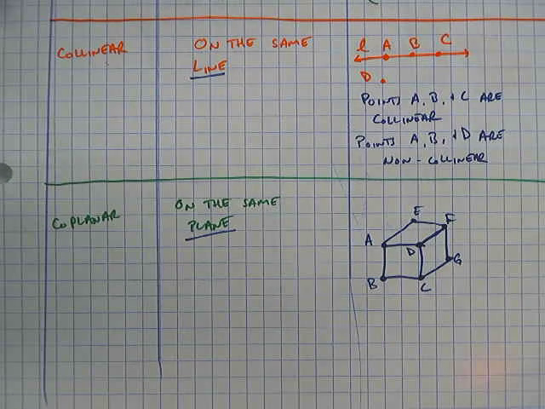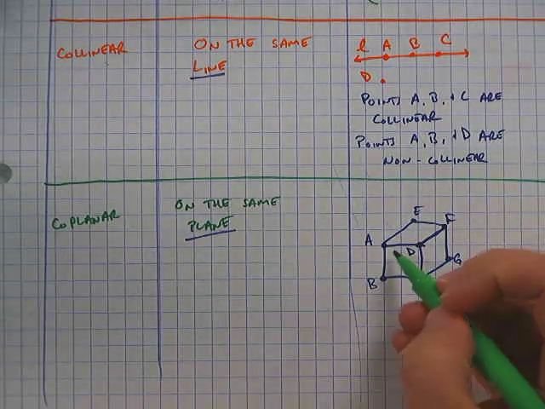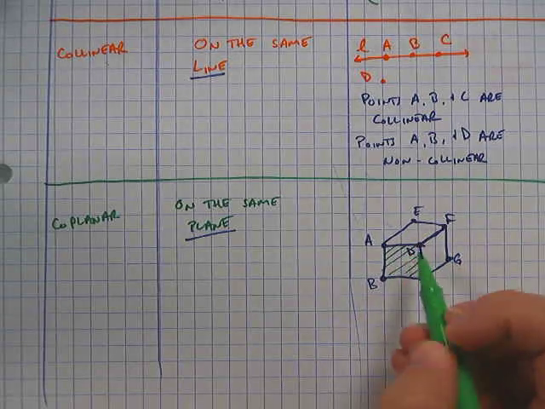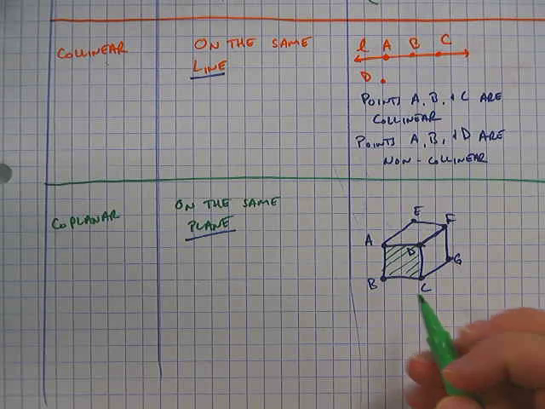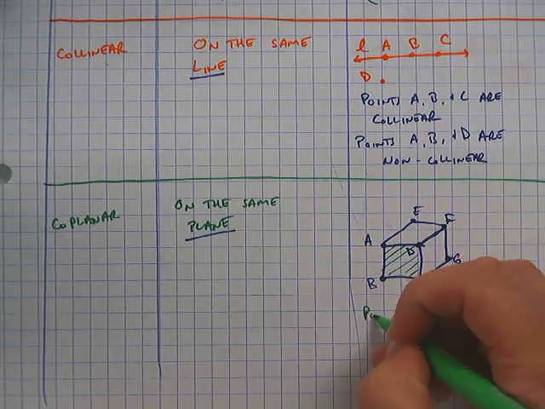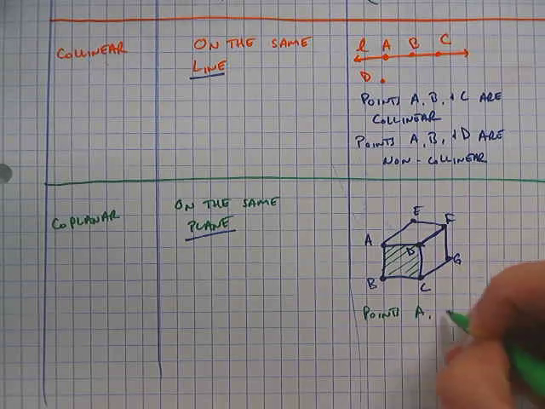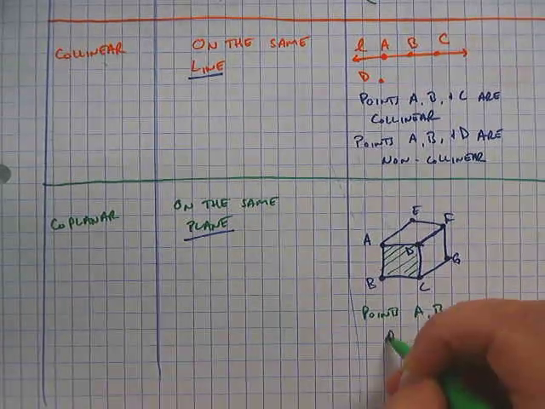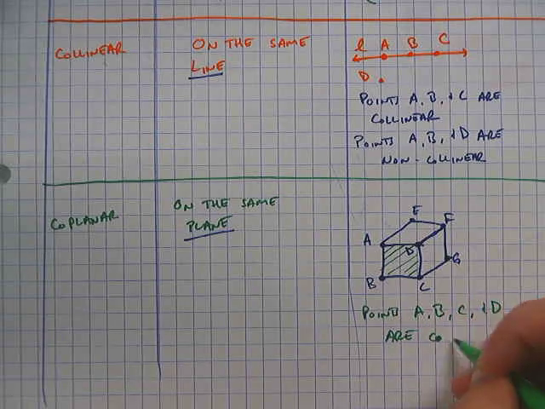Okay. So if you can kind of imagine here that this is a cube, kind of like this Rubik's Cube I have here. If you imagine that each of the corners is a point and that each of these flat surfaces are planes, coplanar means on the same plane. So any of the points that are on the same surface together would be coplanar.